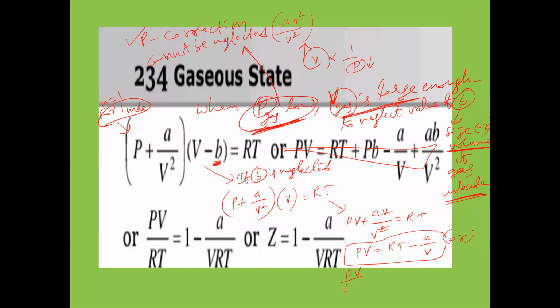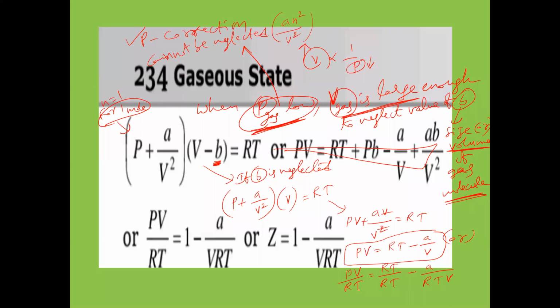PV by RT is equal to RT by RT minus a by RTV. So we divided each term with RT here.